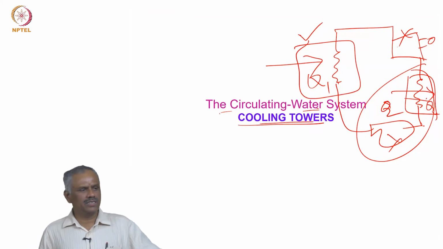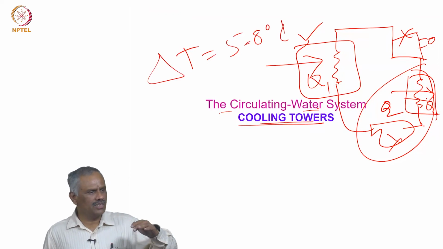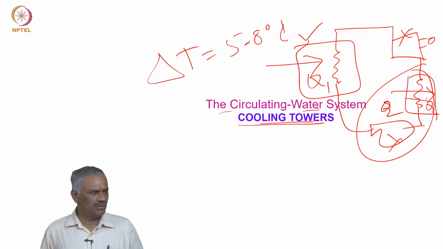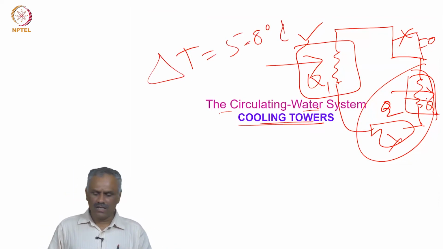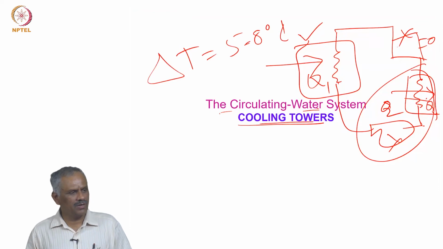Generally there is a delta T limit of 5 to 8 degrees; you cannot send water more than 8 degrees above the temperature of the water body.